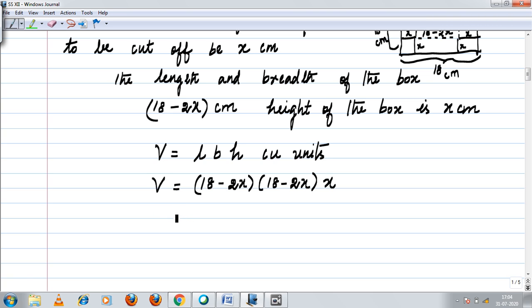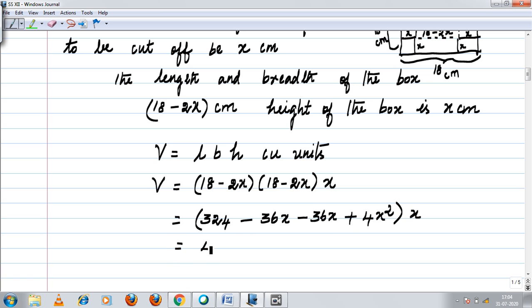Now you have to simplify, then only it is easy to differentiate, right? 324 minus 36x minus 36x plus 4x square, into x.